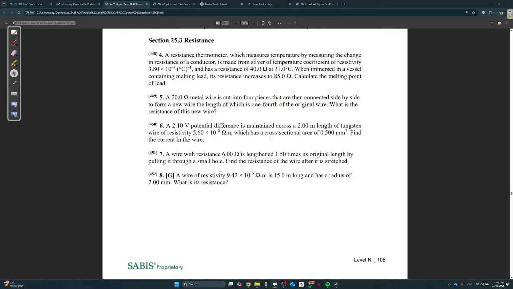They give you the radius. It needs to be in meters. So pi times 2 times 10 to the minus 3, all squared.